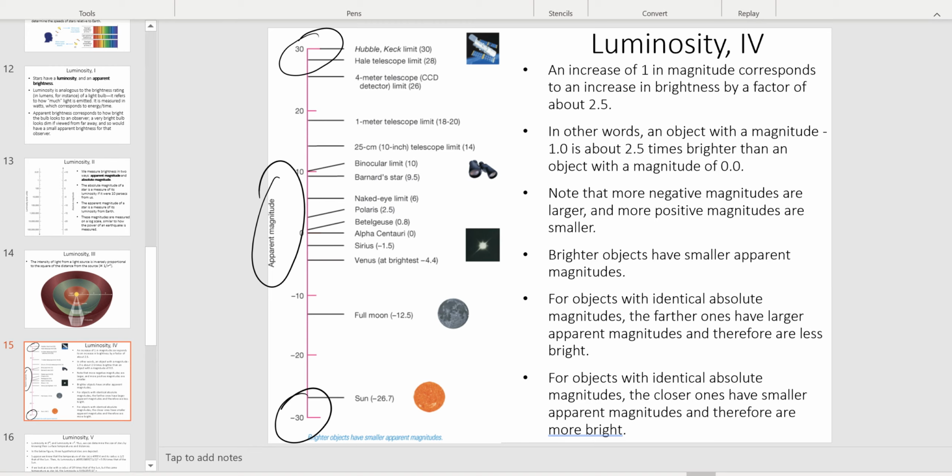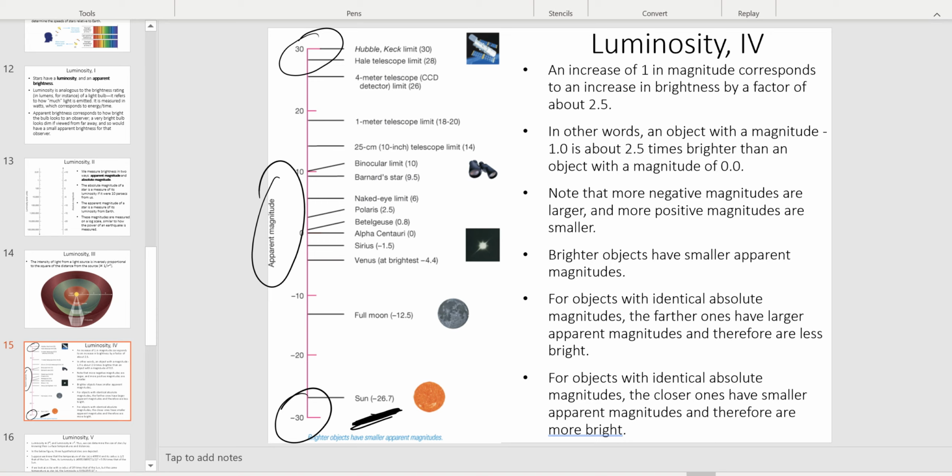The sun has the smallest apparent magnitude of any object in the universe because it is the most apparently bright object. When the sun is out during the day, you can't see anything else. Sometimes you can see the moon, but the moon obviously is not as bright as the sun.